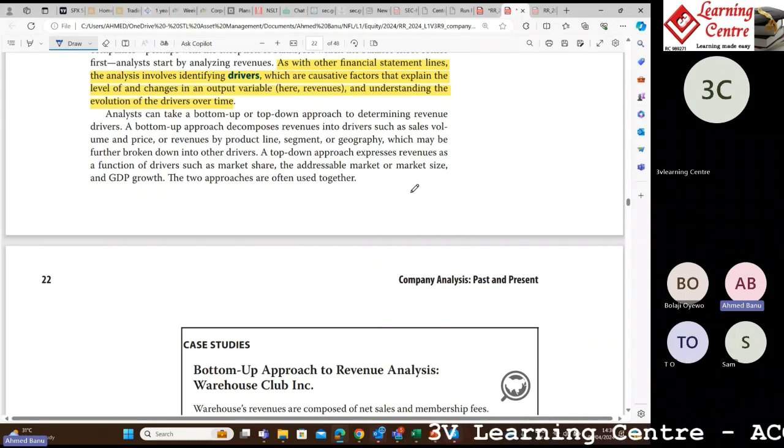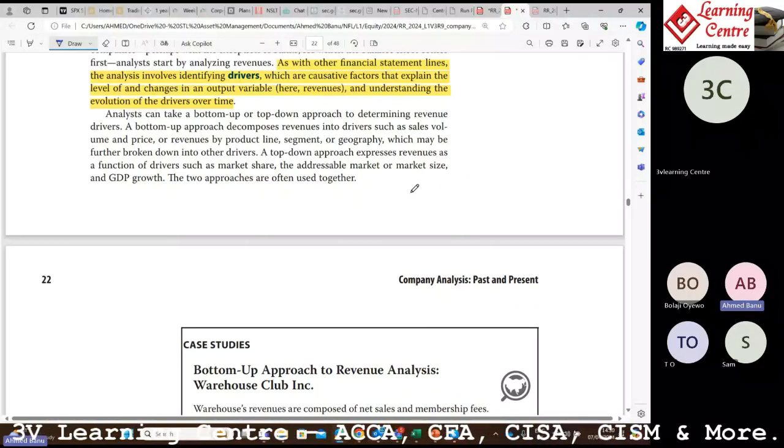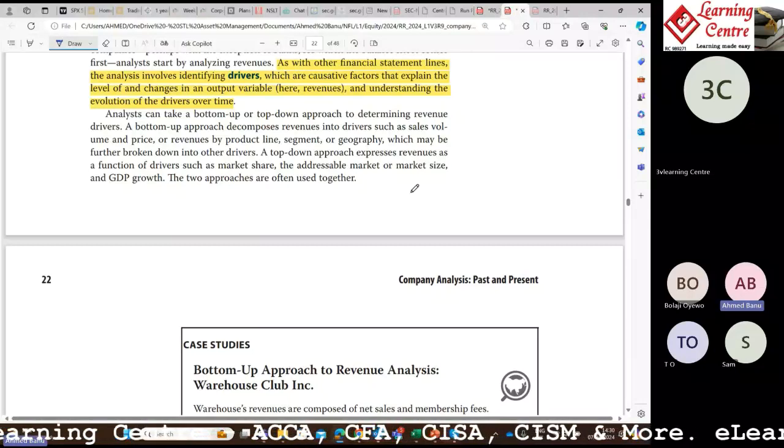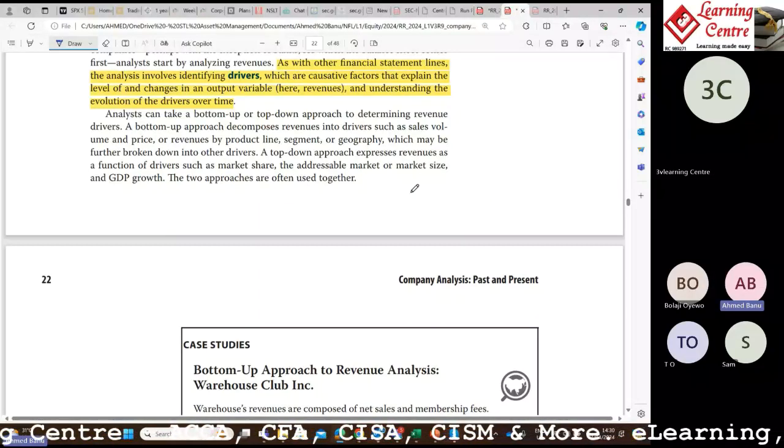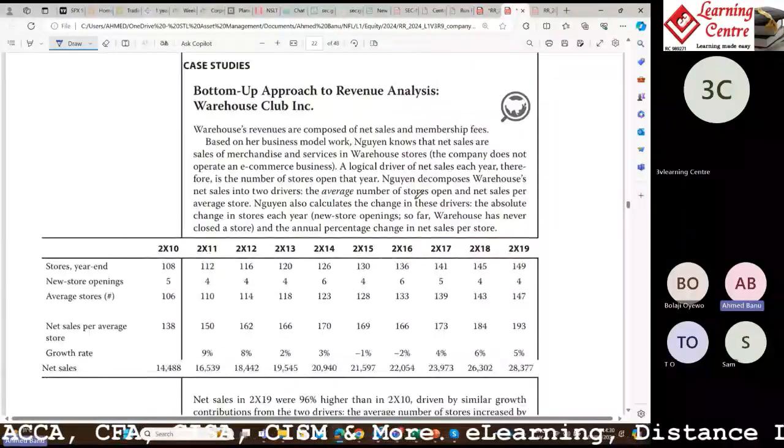The top-down approach expresses revenue as a function of the economy, your industry, your market share in that industry, your size in that market, and GDP growth. So that's the top-down approach versus the bottom-up approach.